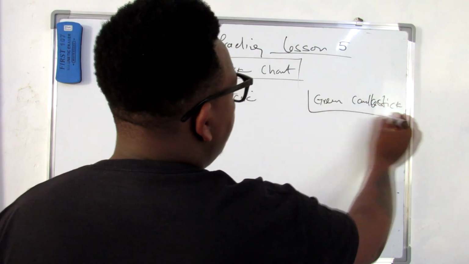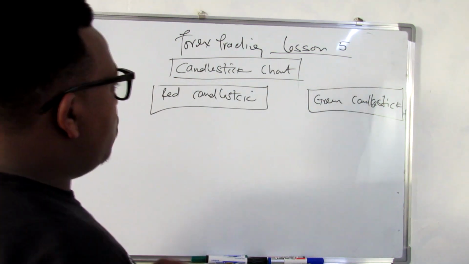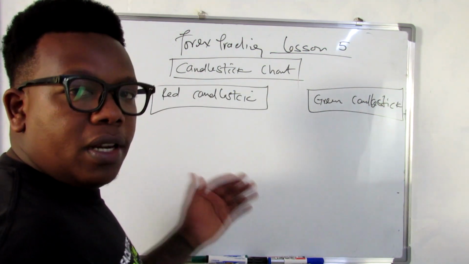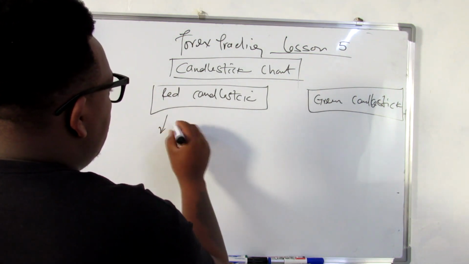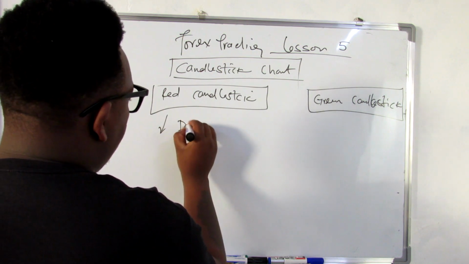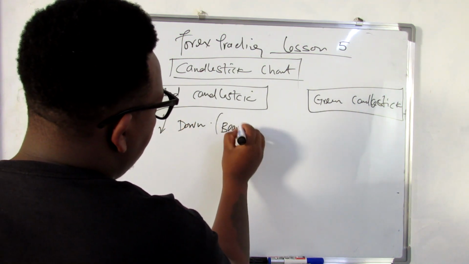So what's the difference between the red and the green candlestick? With the red candlestick, by default on TradingView, red candlesticks are normally used to show when the market is moving down, or when the market is bearish.